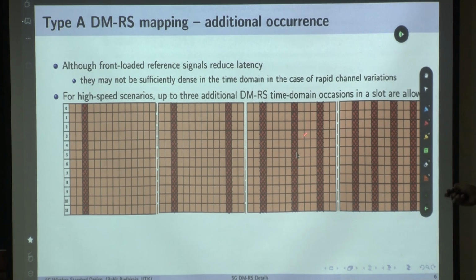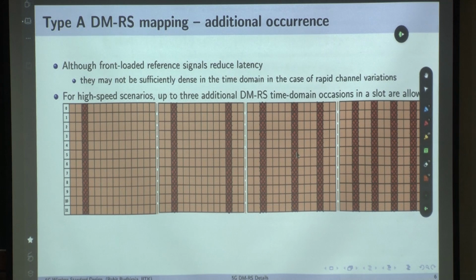As speed increases, there are 2 additional occasions, and for the highest speed, that's what is supported in release 15. I am not sure about other releases whether the DMRS density is further increased, because if you design the standard for a higher speed, then you'll have to further increase the DMRS occasions, but till release 15 there are 3 additional DMRS occasions defined.